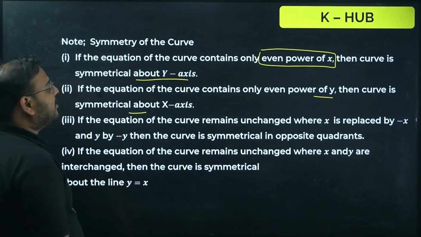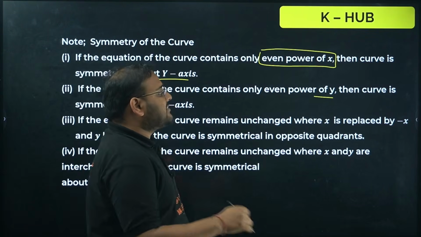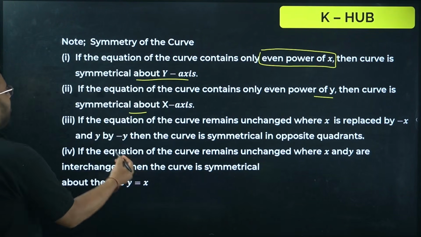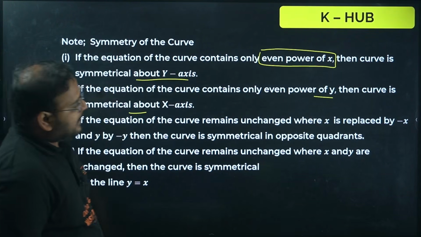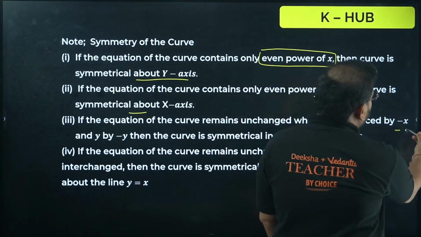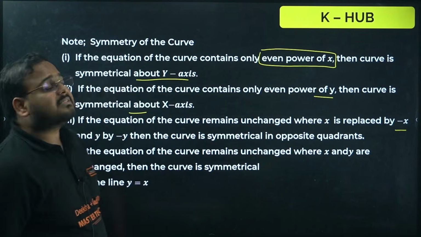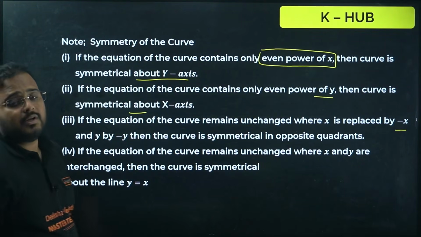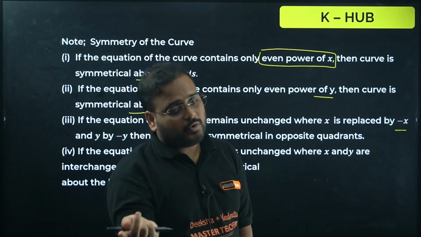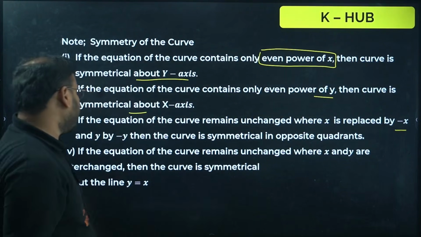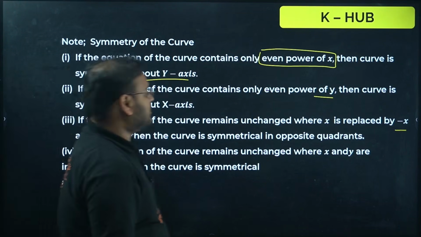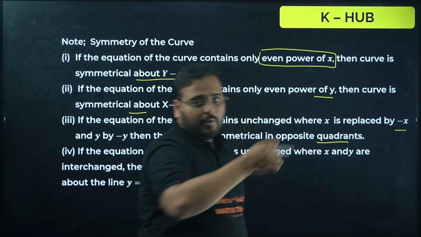If the equation of the curve remains unchanged when x is replaced by minus x and y is replaced by minus y, it means it will be symmetrical about the origin. If it is in the first quadrant, it will go to the third, second to fourth. So symmetrical in the opposite quadrant means about the origin.